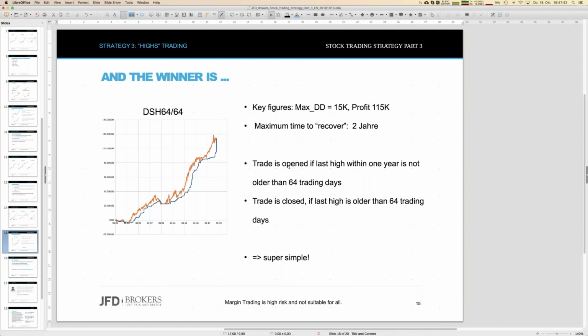But if you have opened those trades, if you can open according to those rules, then you can remind yourself because you simply count the number of days. And if you open the trade today and you remember Apple, 11 days old is the last high.